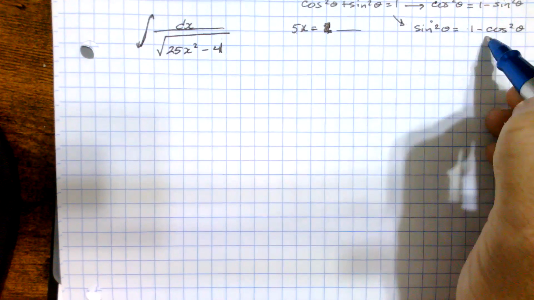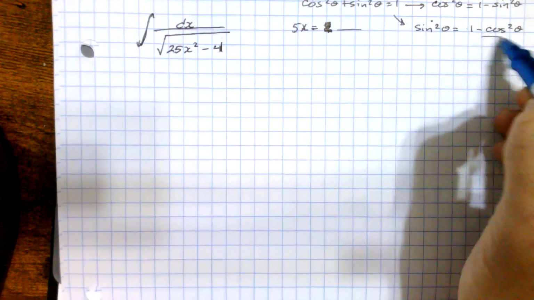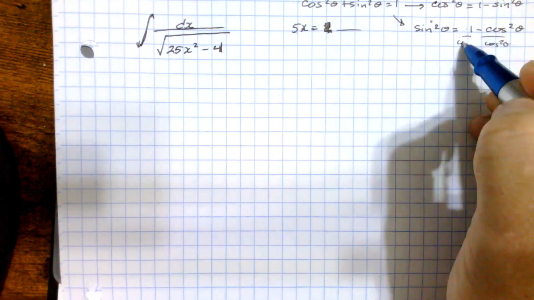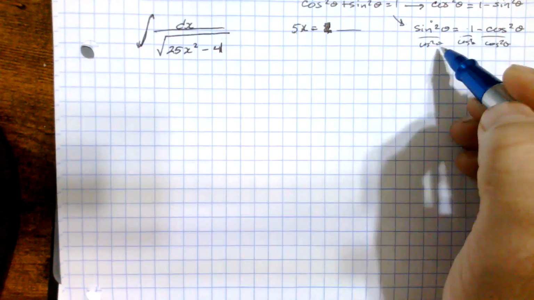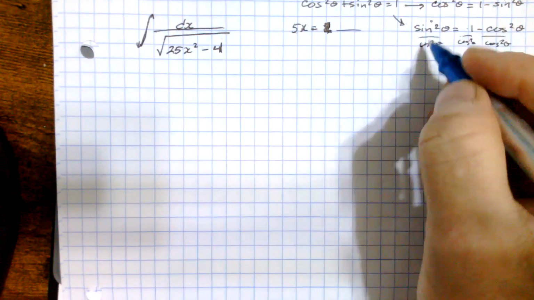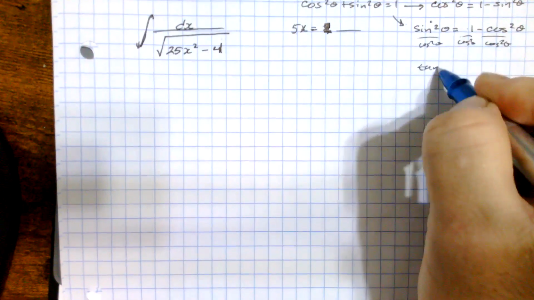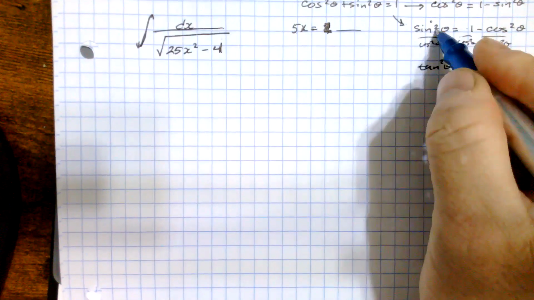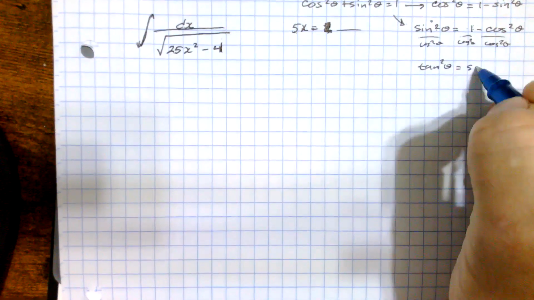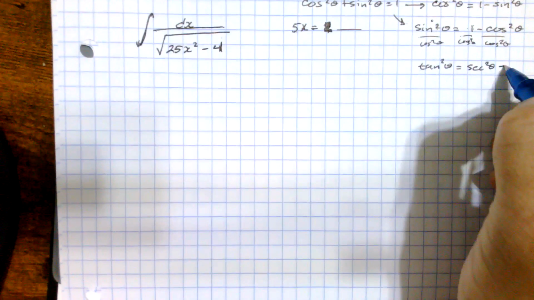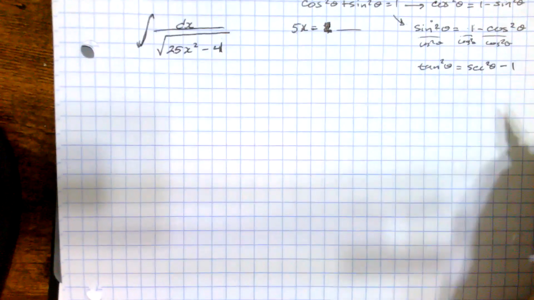If we divide everything through here by cosine squared theta, then you should start to see the form that pops out. This is going to give me a tangent squared theta, sine squared over cosine squared theta. 1 over cosine squared is our secant squared theta, minus, and cosine squared divided by cosine squared is going to give me a minus 1.